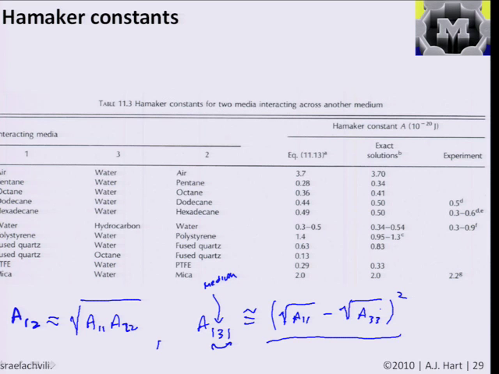And there's a more complex combination for, say, interacting 1, 3, 2. So that would be one material interacting with material 2 across a third medium, and that's just a different combination of the Hamaker constants relating to these more elementary combinations. And this is something we'll probably see in the problem set when we ask you to calculate forces between structures of different materials in some devices.